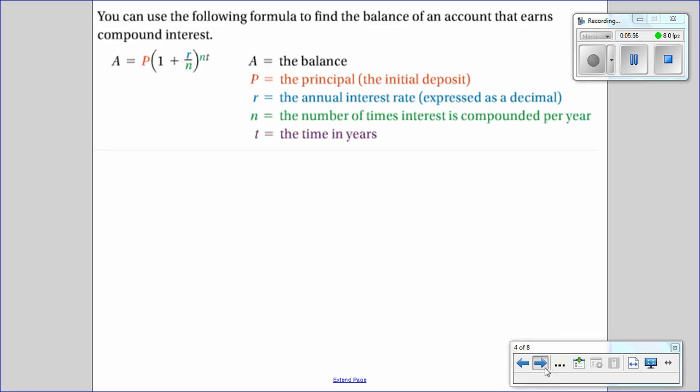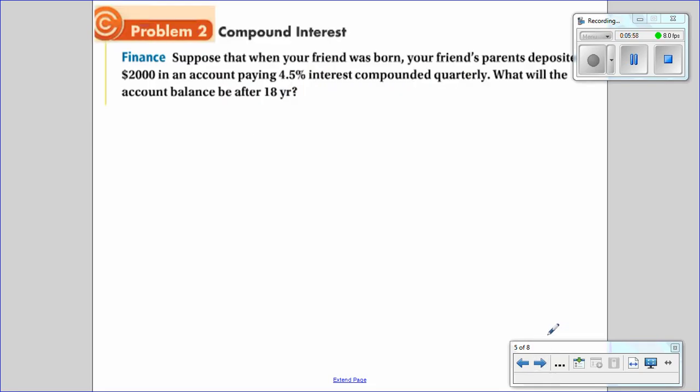And here's an example. Suppose that when your friend was born, your friend's parents deposited $2,000 in the account. Let's start right there. So we have A, we have P, we have R, N, and T. Okay? P is the principal.